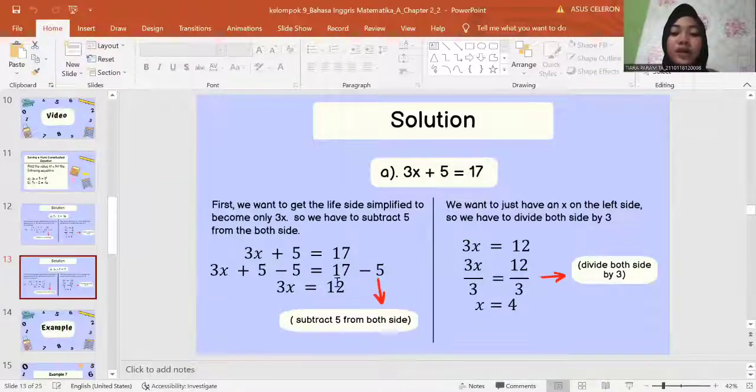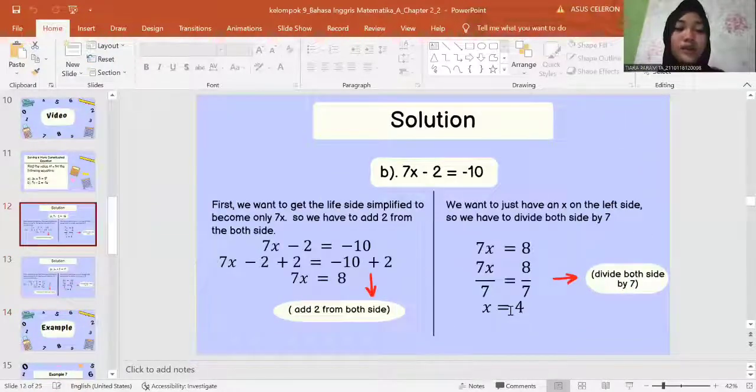Okay, 3x equals 12, divide both sides by 3. Jadi ruas kanan dan ruas kirinya kita bagi dengan 3. Oke, menghasilkan x equals 4.